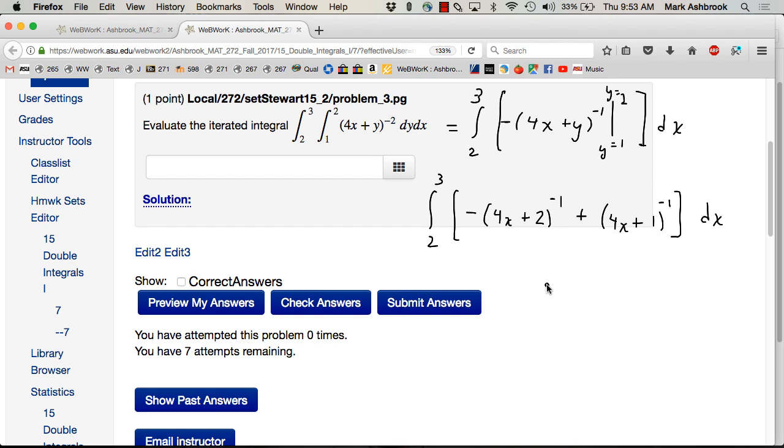The one time you don't use the power rule when you're taking an antiderivative is when the power is negative 1. If you do, you'll get all kinds of warnings, right? Power becomes 0, and then you have 1 over 0. So it's all kinds of red lights flashing telling you something's not right. But any other power besides negative 1, you're going to use the power rule and raise the power by 1, okay?